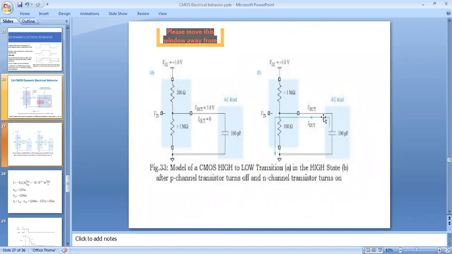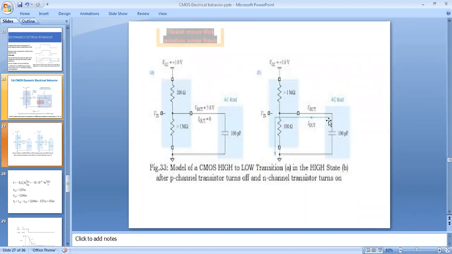You must represent this current also. In this situation, the P channel acts as an off transistor, so here we have an open path. The current flows into the output terminal and reaches ground. In previous classes, I told you about two currents: source current and sink current.